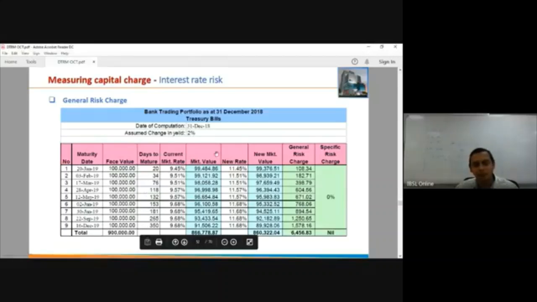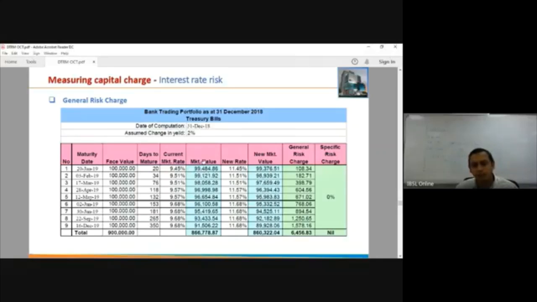Of course, the current yield rates of each instrument are given, and you will have various yield rates depending on your investment date and maturity date. So when it comes to market value, you need to input all three: face value, remaining maturity, and yield rate. Then you compute the market value.